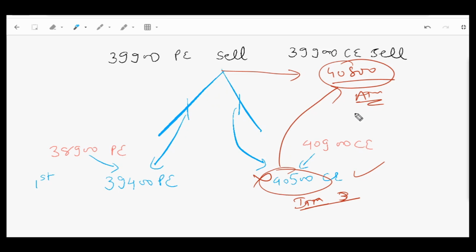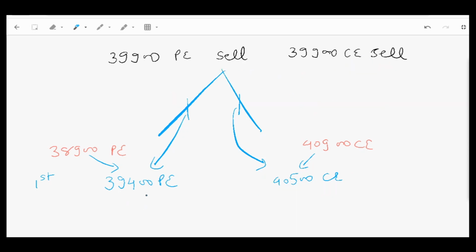I'll give you an example from our already deployed strategy so that you can understand this in a better way. But let's first understand this. It can happen that our second adjustment has also happened, and we are already at the 39,600 or 39,700 strike.